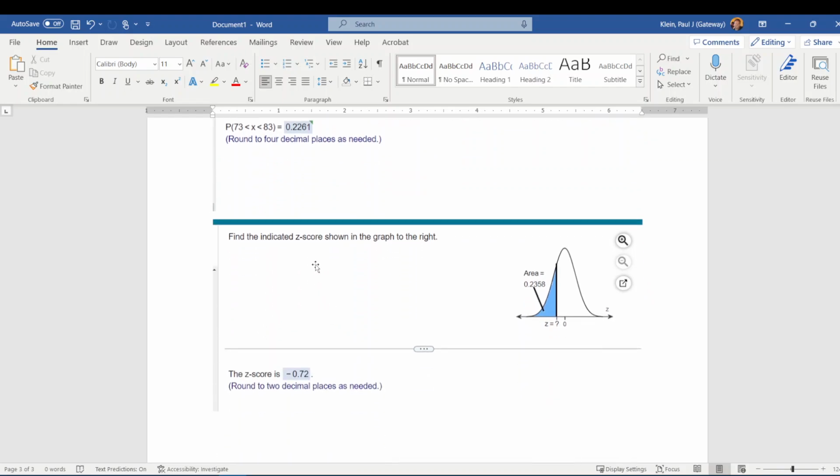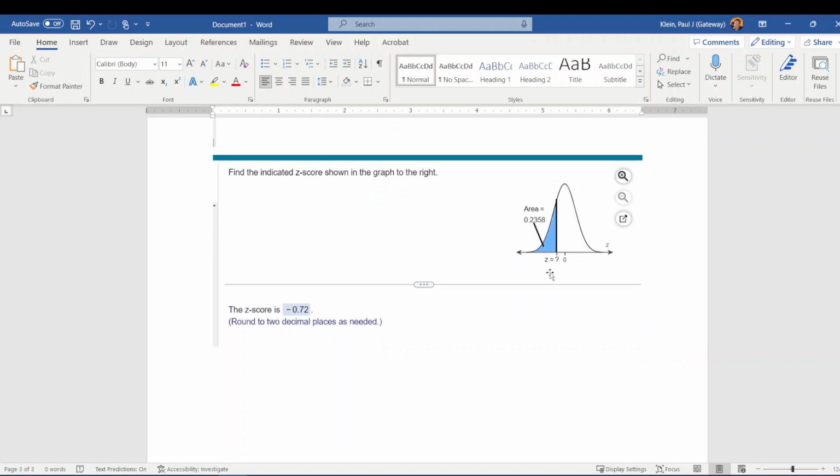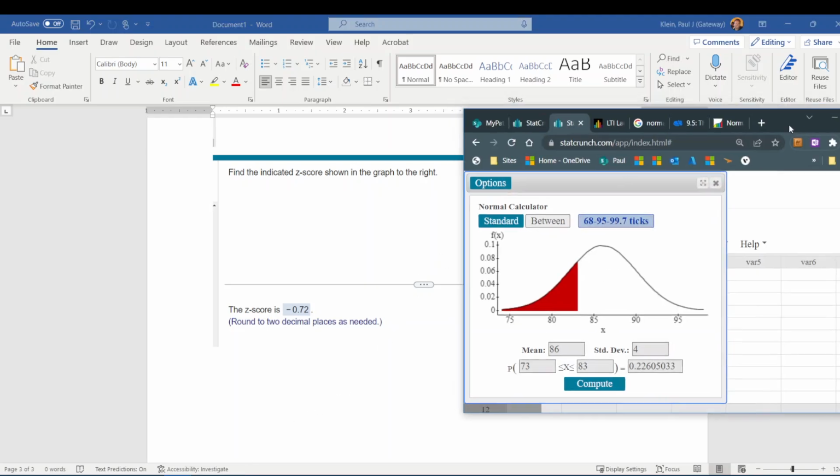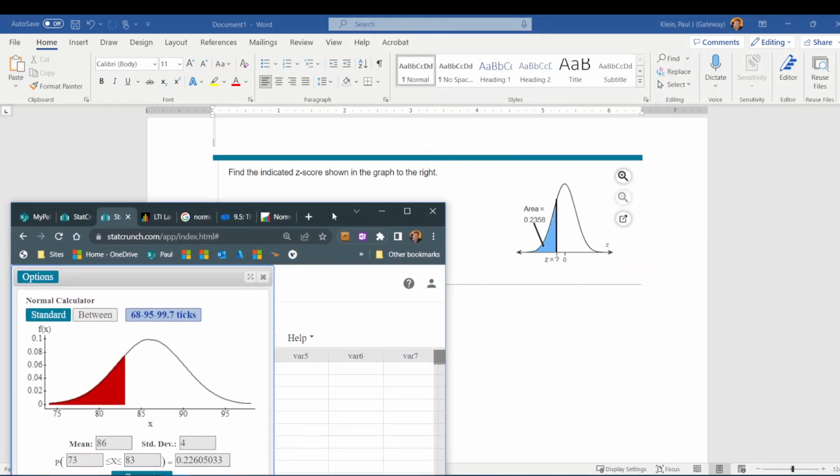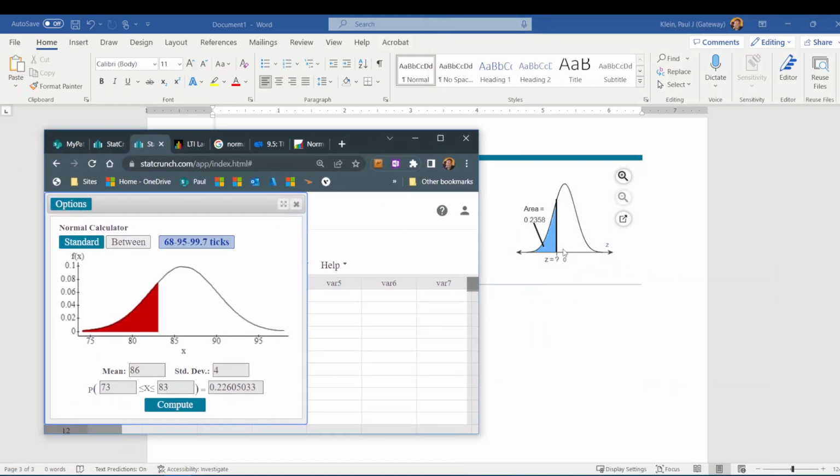Find the indicated z-score in the graph to the right. All right, in this one, it's looking for the boundary, and it's actually giving us the area of the shaded region. So let's see what we can do here. The shaded region is to the left, so we've got to make sure we're going to the left over here.